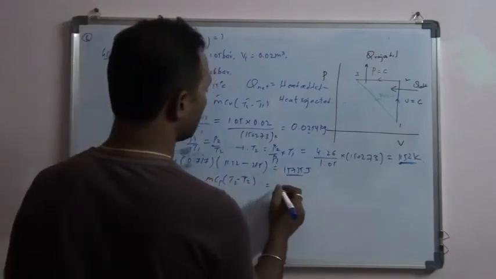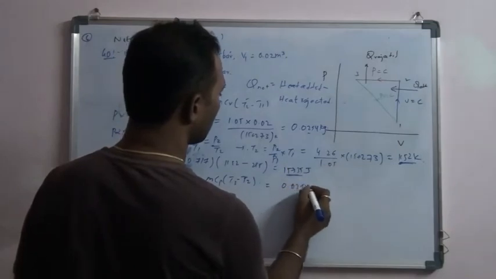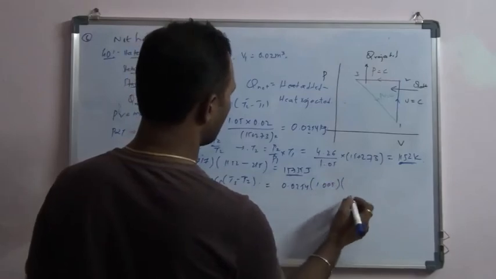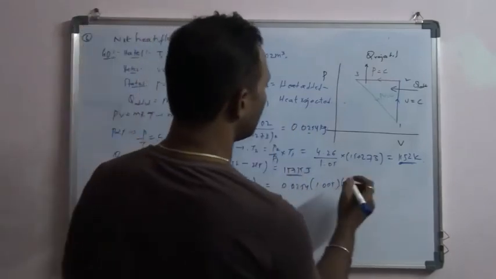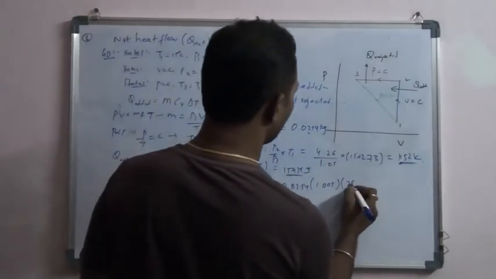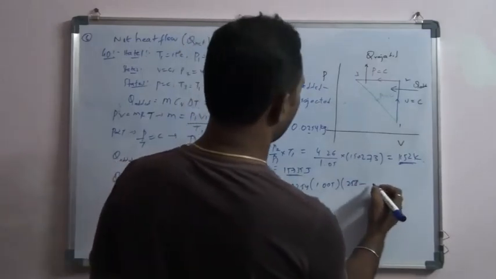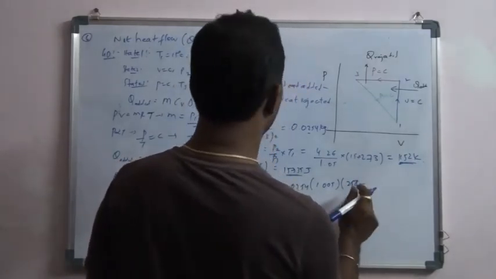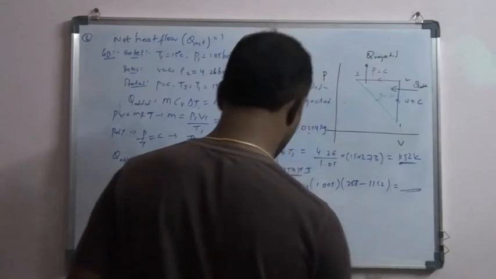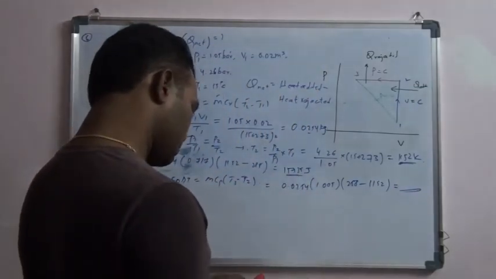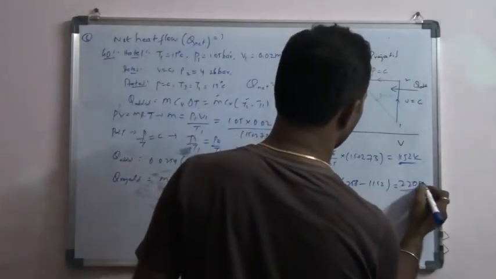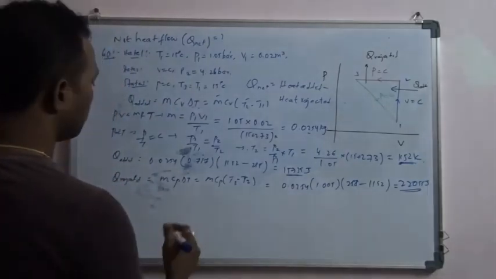M is 0.0254, Cp is 1.005, and T3 is equal to T1, that is 288, minus T2, which is 1152. For this I got the value as 22055 joules.